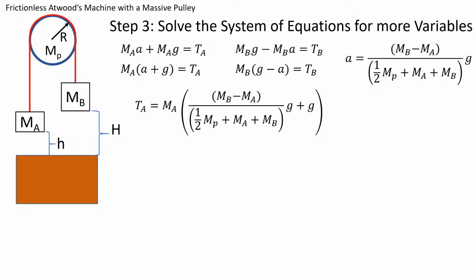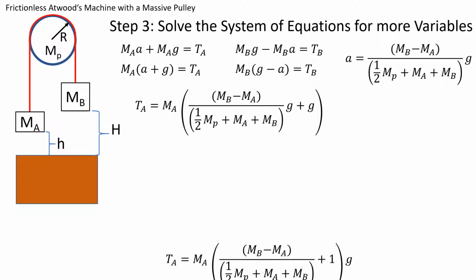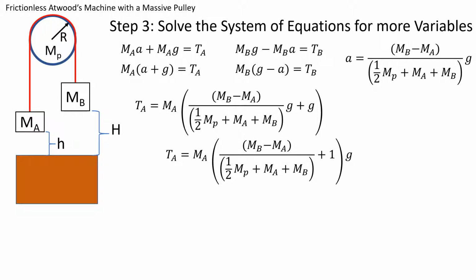Let's start with TA. For TA, we have TA equals MA times this quantity A plus G, where now I've simply thrown in the formula for A that we solved for before. And you'll see that we have MB minus MA over 1/2 MP plus MA plus MB, times G, plus G. So now both terms inside of the parentheses have a G in them.